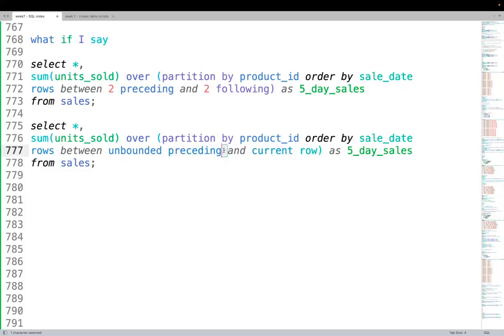Right? Unbounded preceding means from the first row within this partition, of course. And current row. So let me run this and show it to you.